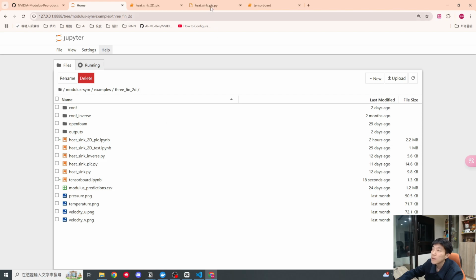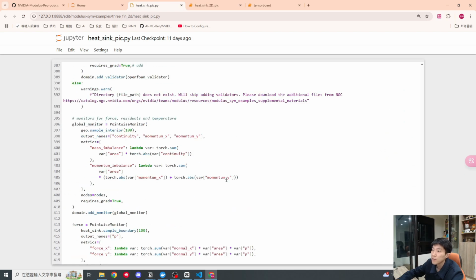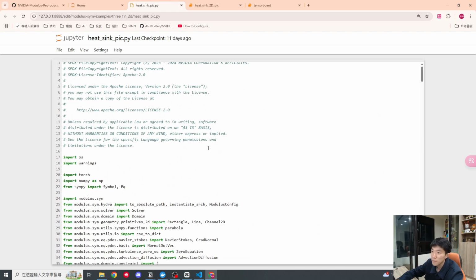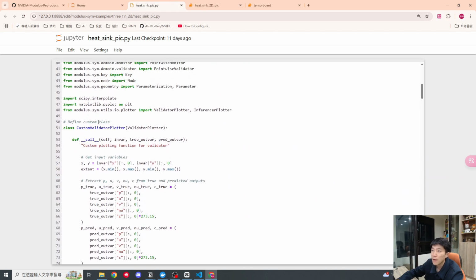And let's check the heatsink picture Python file. In this file, I just add and modify this custom validator plotter.